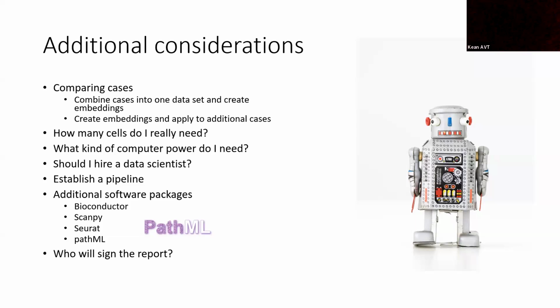And then the last question is, who will sign the report? Is the hematopathologist ready to take responsibility for these clusters that have been found by the algorithm? The hematopathologist probably needs to become familiar with these methods and the underlying ways in which they work.